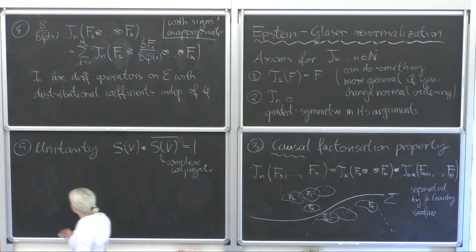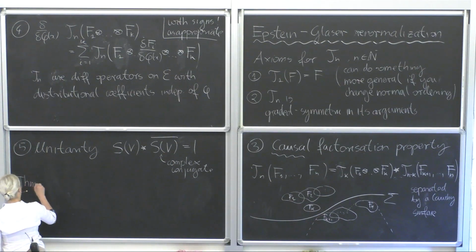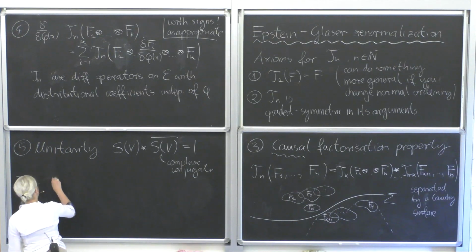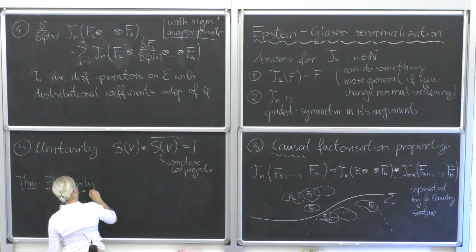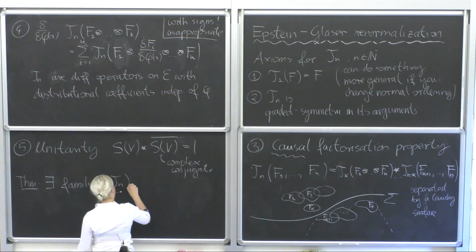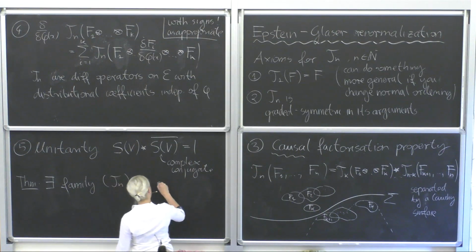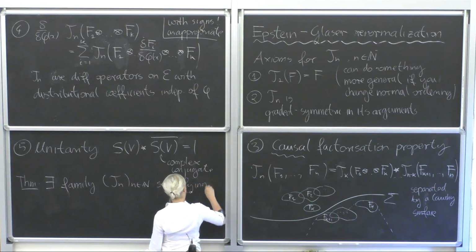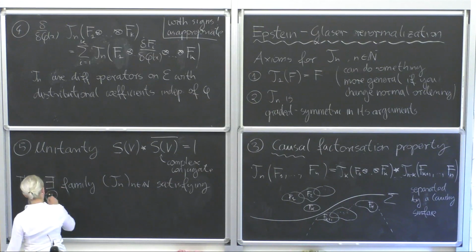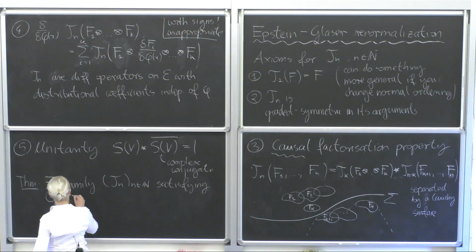So let me just state the theorem. There exists a family of T_n's, n in N, satisfying one to four.